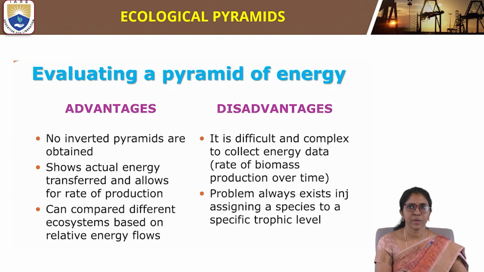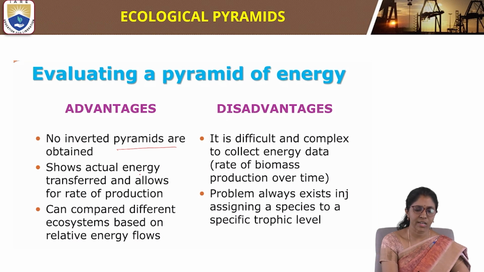Evaluating the pyramid of energy, with some advantages and disadvantages: no inverted pyramids are obtained. In the pyramid of number and pyramid of biomass, the shapes of the pyramids vary from ecosystem to ecosystem, whereas in the pyramid of energy there are no inverted pyramids.